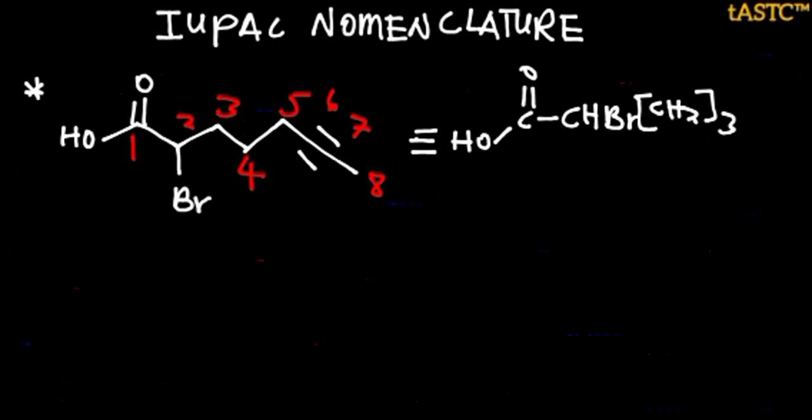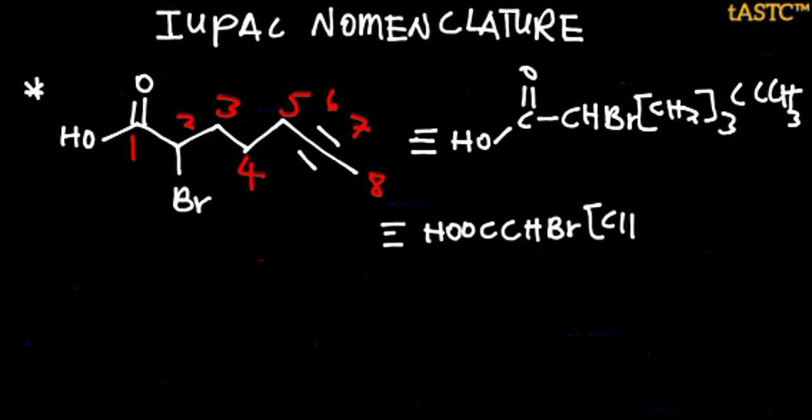Now we got C≡C, okay, with a CH3, which there is actually no space to write the third, but I think this is actually pretty much it. So you could actually be given this, or you could actually have it in this way. HOOC. There is going to be CHBr. Then yeah, I'm going to have a CH2, 3.